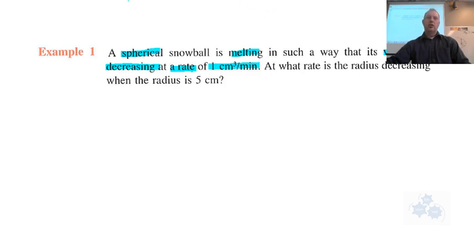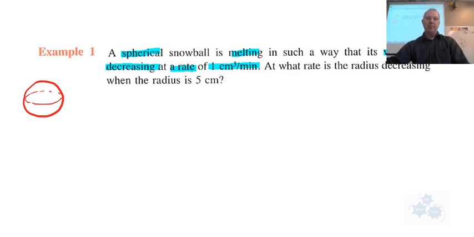So we've got the picture in our minds, right? We have this snowball that we're going to assume is a perfect sphere, and it is melting. It is getting smaller in every dimension, and its volume is decreasing at a given rate.